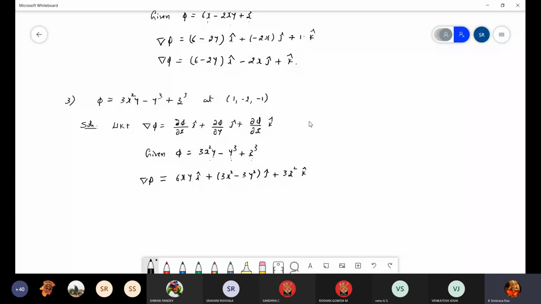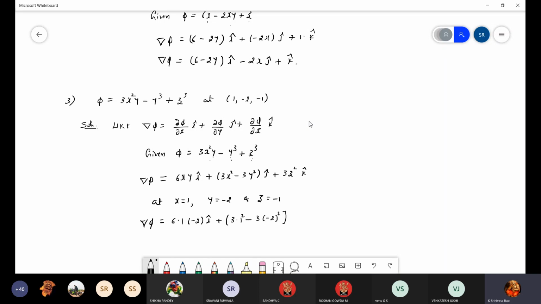Since they are asking at x equals 1, y equals minus 2 and z equals minus 1, what is grad phi? Calculate and tell me. One more step if you want: 6 into x is 1 into y is minus 2 i cap plus 3 into x square is 1 square minus 3 into y square is minus 2 square.